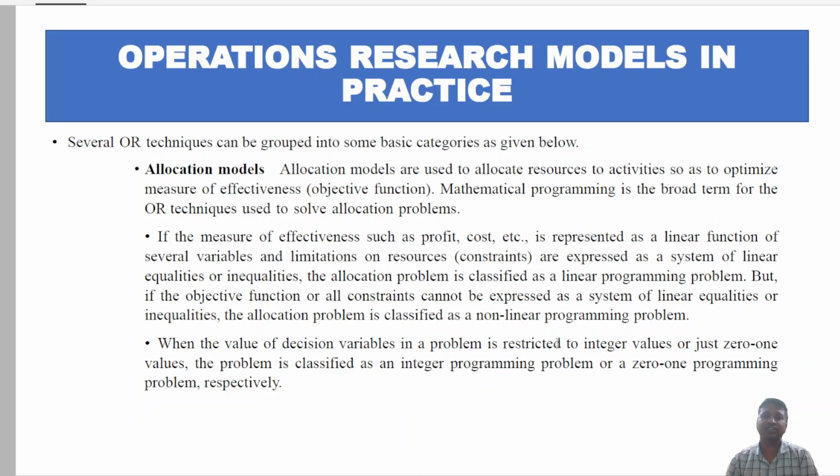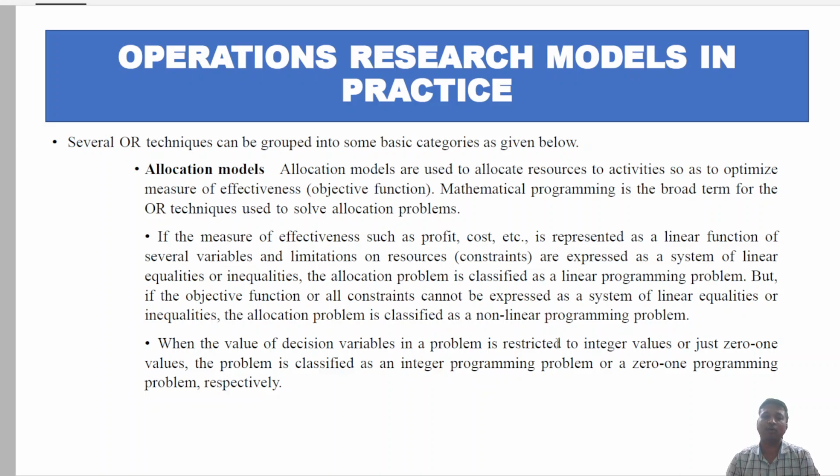Now, the next topic is operations research models in practice. First one is the allocation model. Allocation models are used to allocate resources to activities so as to optimize a measure of effectiveness. Mathematical programming is the broad term for the operations research techniques used to solve allocation problems.